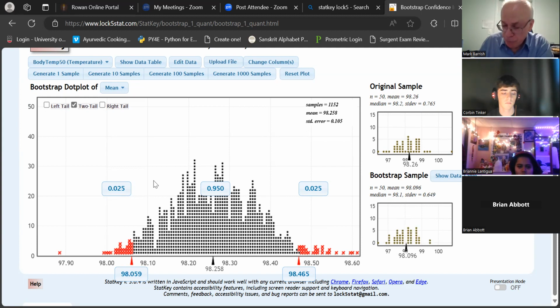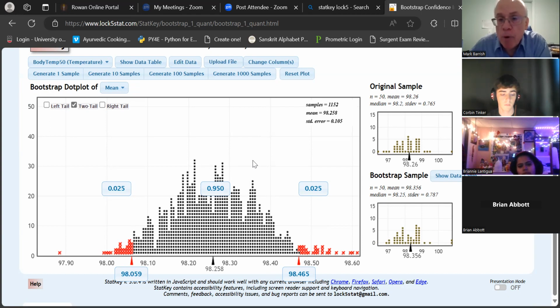Now, if we were going to create this using that formula, all right, remember the formula? The formula basically was what? The margin of error was 2 times the standard error, right? 2 times the standard error.